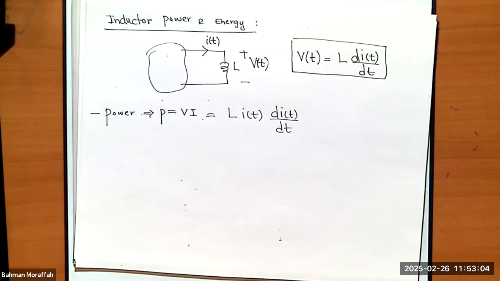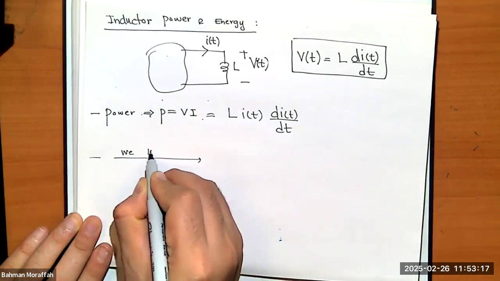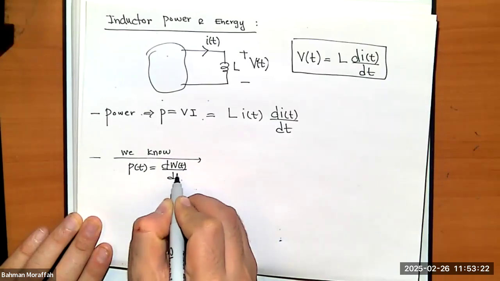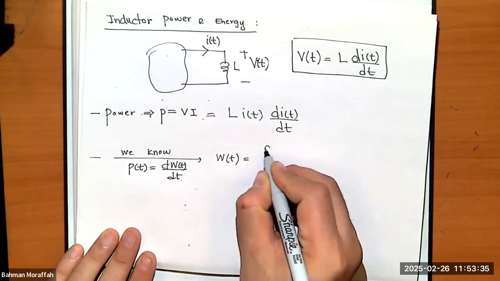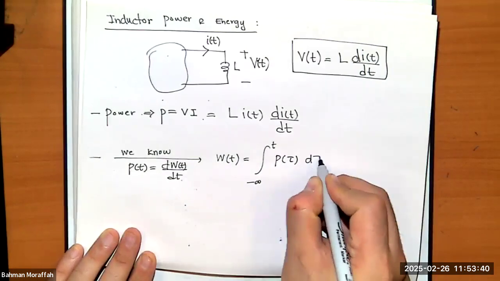But we know power also is the rate that energy changes over time, right? We know power is dw(t)/dt. So if I want to find w(t), which is my energy, I have to integrate the power. So w(t) is the integral from minus infinity to t of p(tau) d tau.